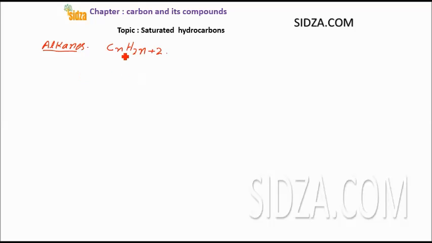So that means if we have one carbon, hydrogen will be 2 into 1 plus 2, that is 4, which means this is CH4. So the first member of the alkane family is CH4.